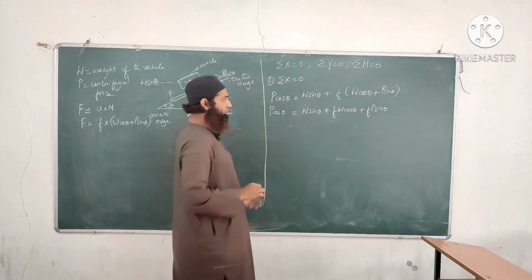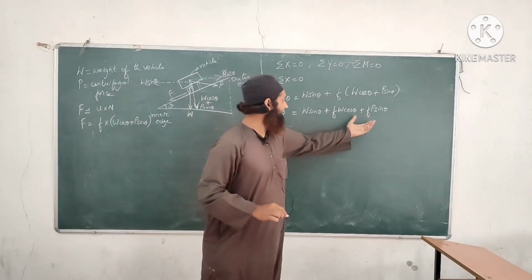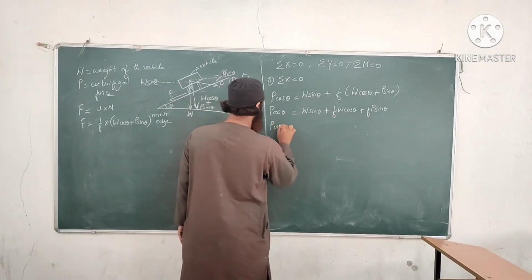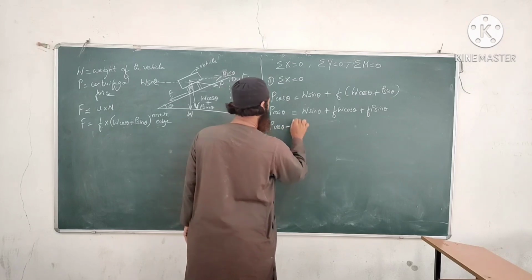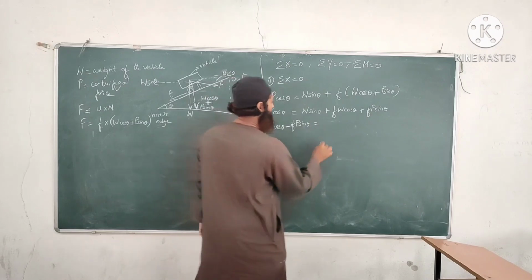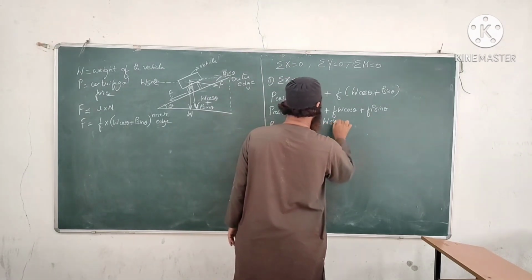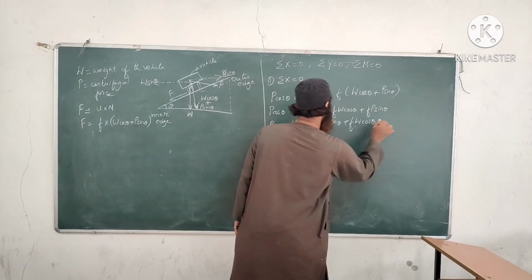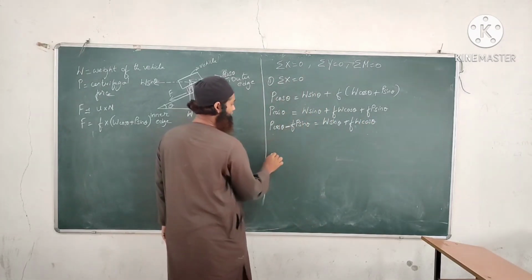Let us take all the terms of P to one side and W to one side. P cos theta minus F P sin theta is equal to W sin theta plus F W cos theta. Let us take P as common here.